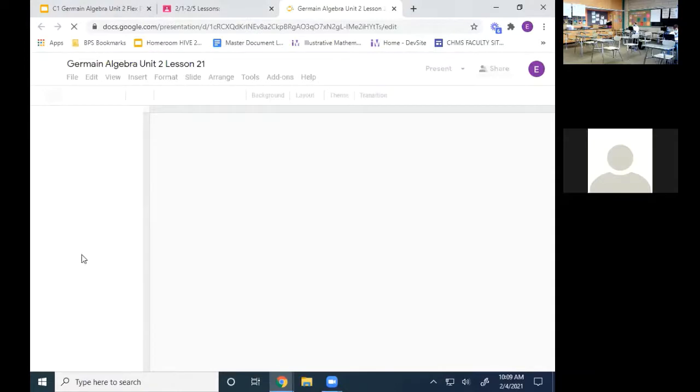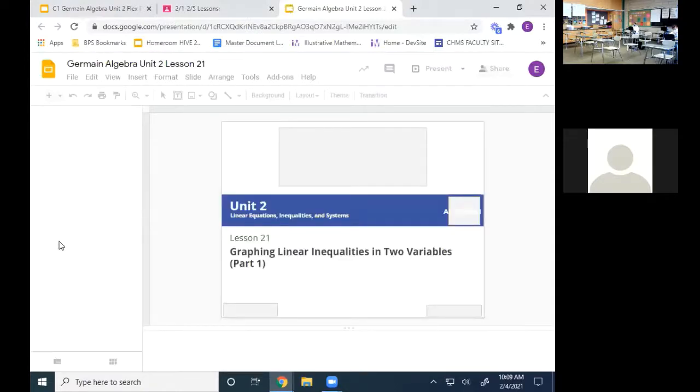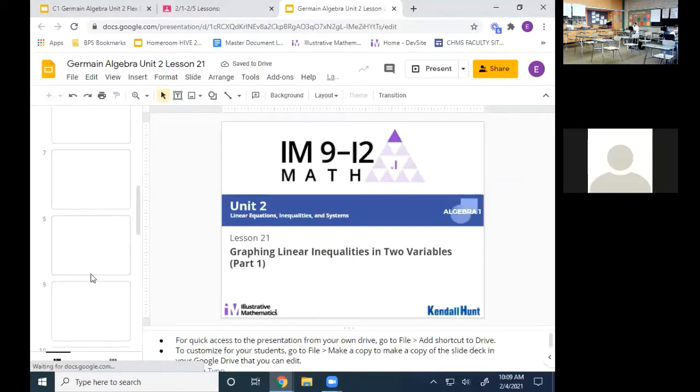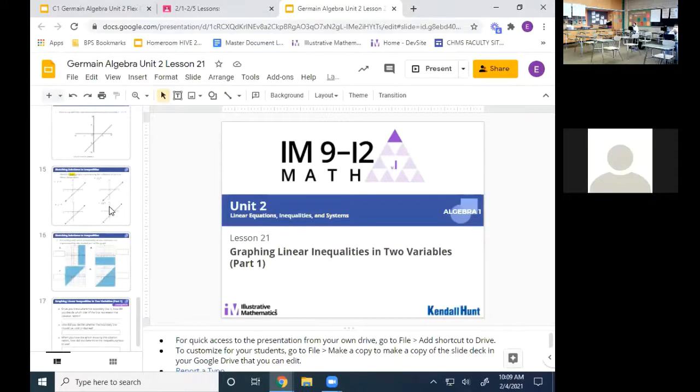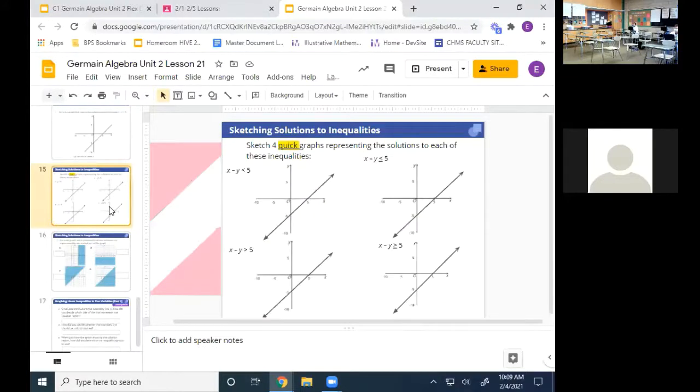We looked at these inequalities here, and we were shading. When we talk about the shaded region, if we're talking about solutions versus non-solutions, when we shade a region, that means what? That's where the solutions fall. So for example, on slide number 15 from yesterday, you had to test a single point that falls either on the left side of the line or the right side, above or below.